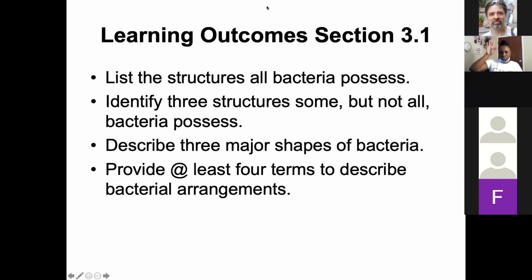And by doing that, we're going to understand enough about these organisms that we'll also be able to determine how best to attack the ones that cause disease, those that are what we refer to as the pathogens. Okay, so we'll talk about the different bacterial shapes, the structures.